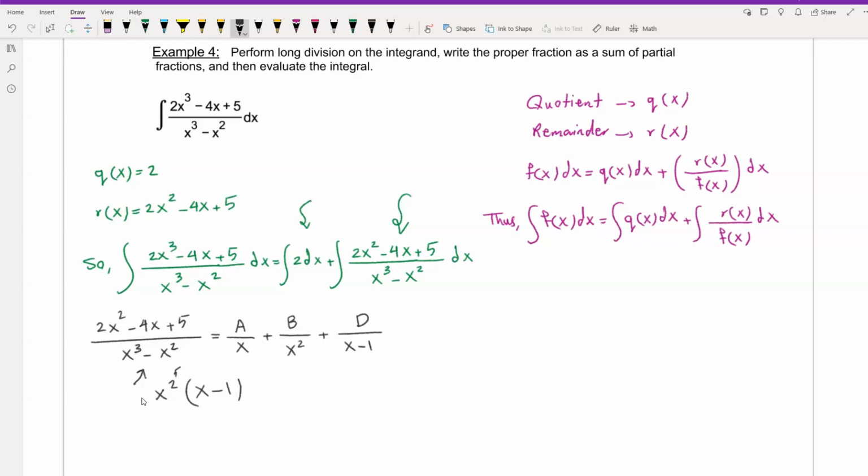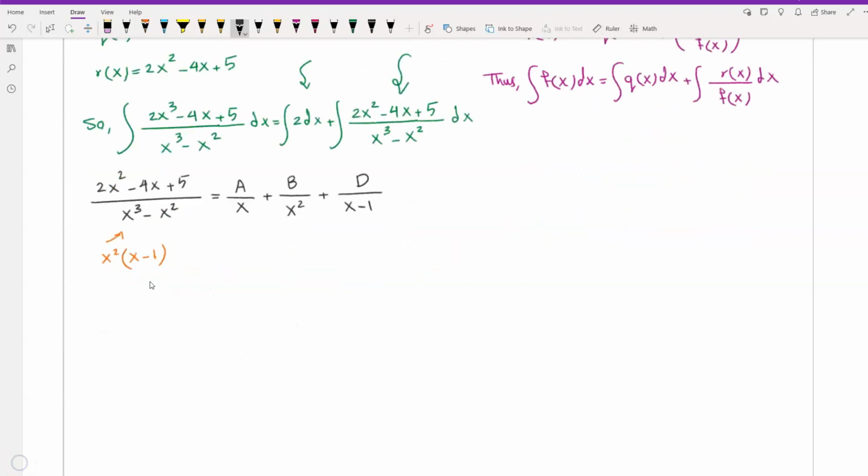Here we have a power of 2, writing powers in decreasing order, so we're going to have x to the power 1, then x squared, then x minus 1 in the denominators. So I have x, x squared, and x minus 1. Then I multiply both sides by the LCD, which is x cubed minus x squared, and simplify.